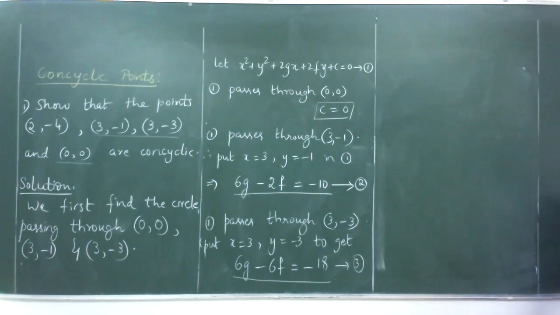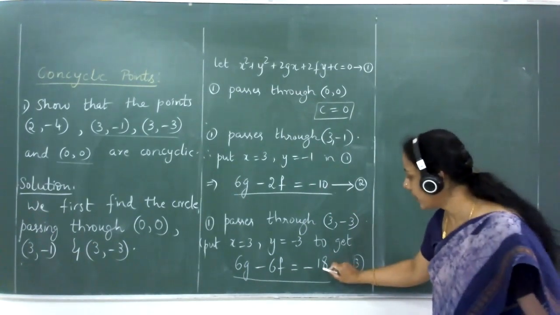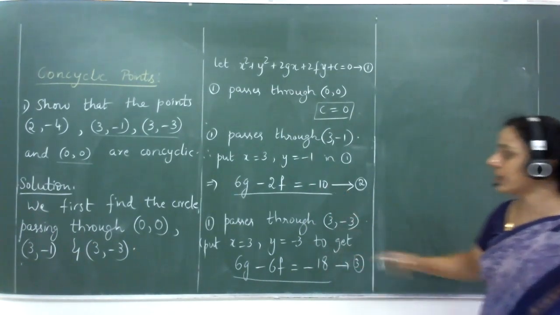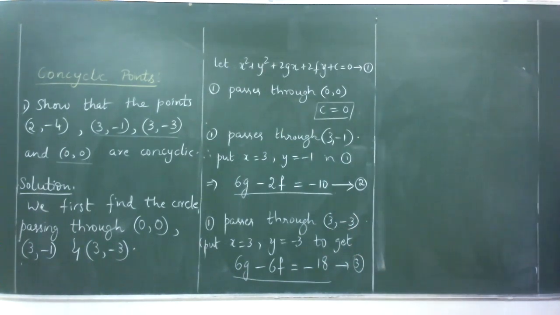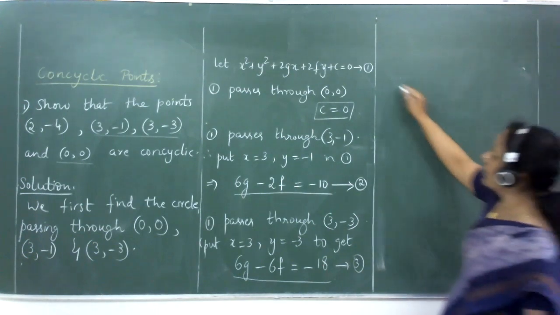So these are the 2 different equations which I have in terms of g and f. Equations 2 and 3. You now have to solve equations 2 and 3 to find the values of g and f. Equations 2 and 3 are nothing but simultaneous equations. So solving 2 and 3.